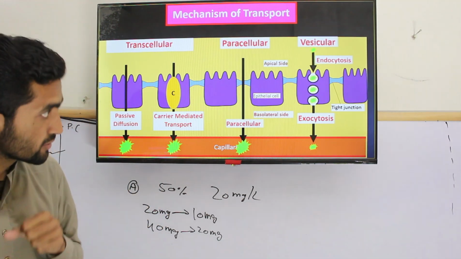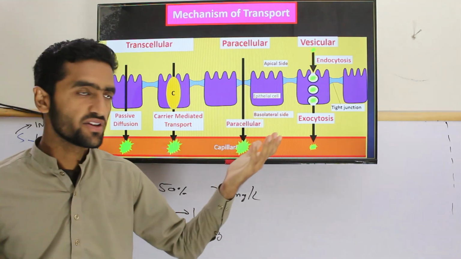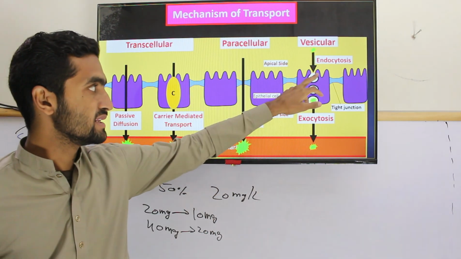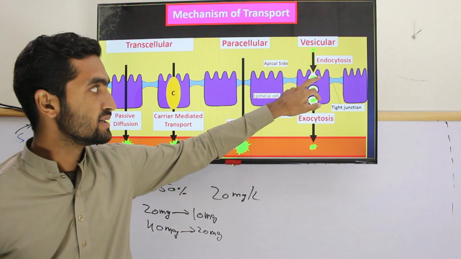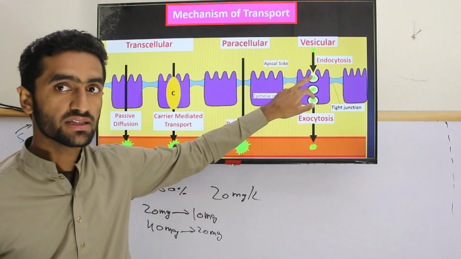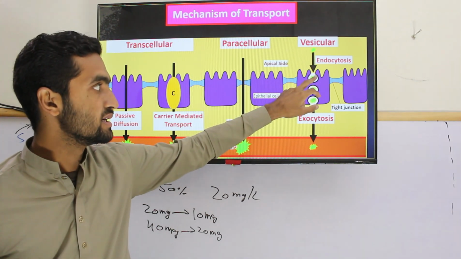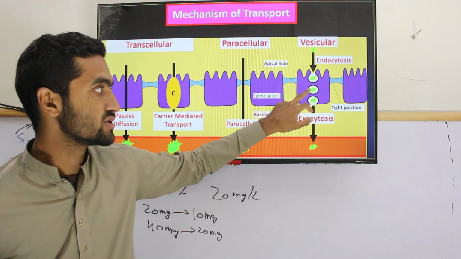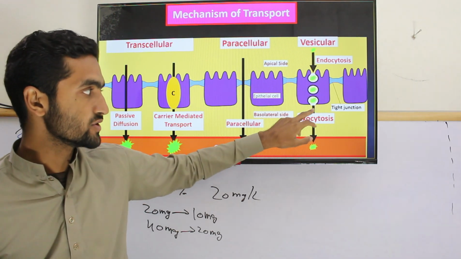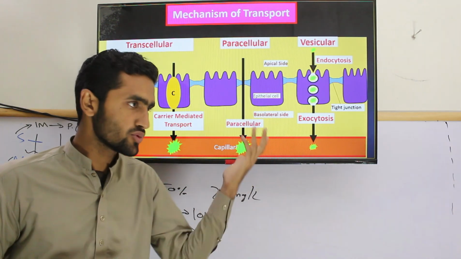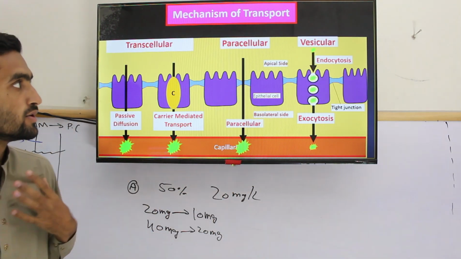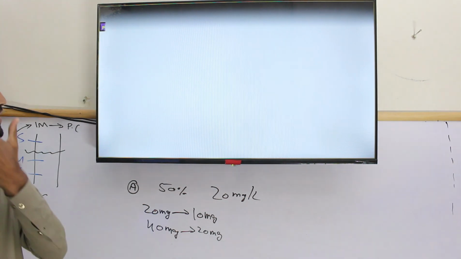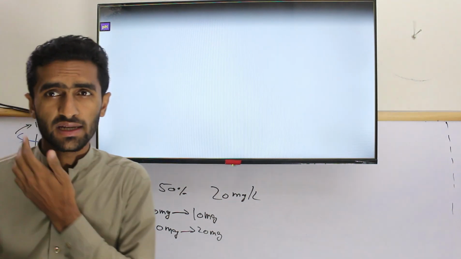In physiology you also studied that the membrane decreases with endocytosis and increases with exocytosis. That is part of physiology, and I'm not concerned with it here. Now come to absorption.